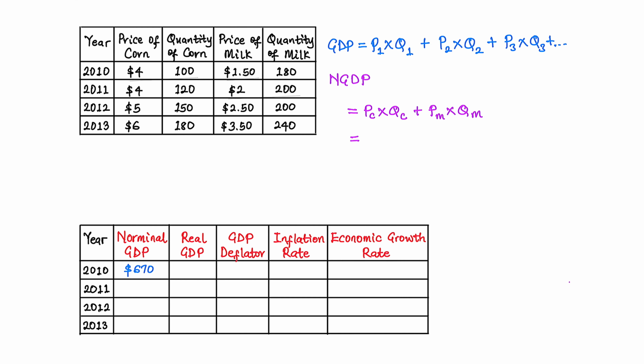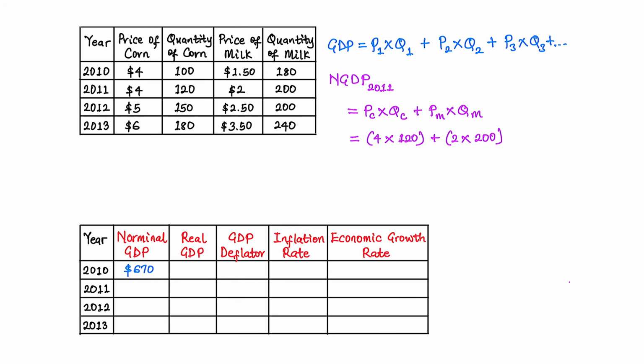Next, we need to calculate the nominal GDP for 2011. So for 2011, the nominal GDP is exactly the same approach we used when we were calculating the nominal GDP for 2010. The price of corn in 2011 is $4, multiplied by the quantity of corn in 2011, that's 120 units, plus the price of milk in 2011 is $2, multiplied by the quantity of milk in 2011, that's 200 units.